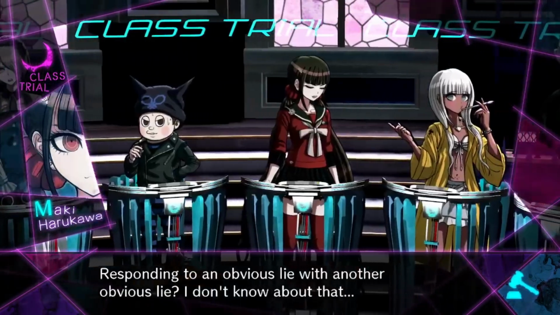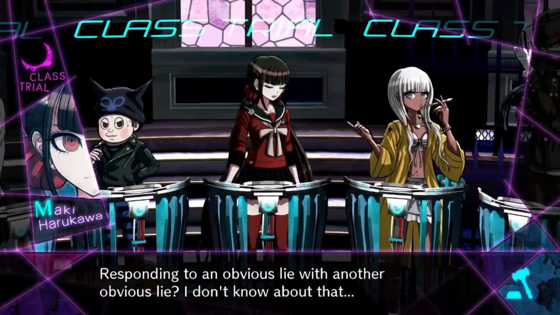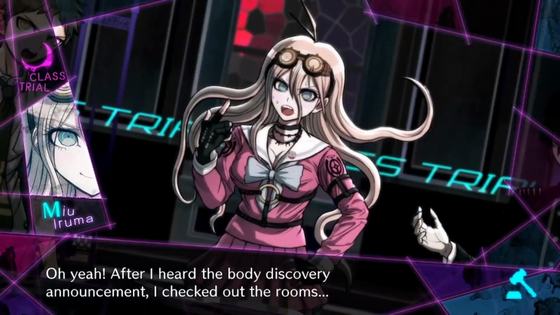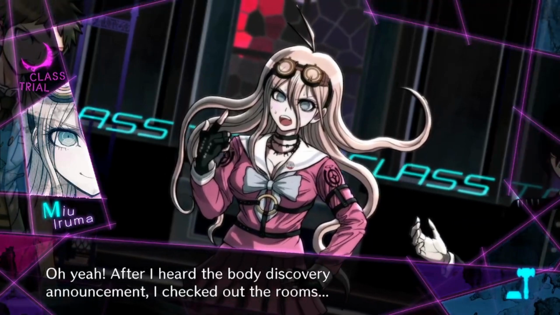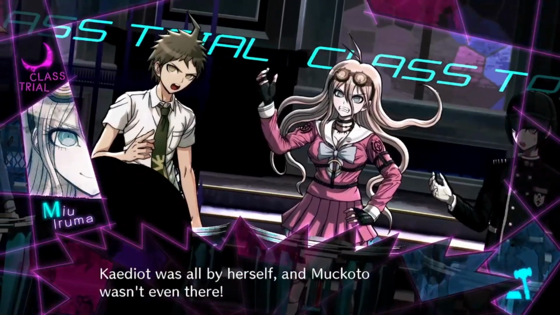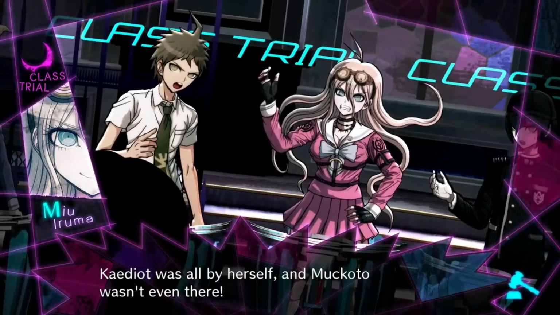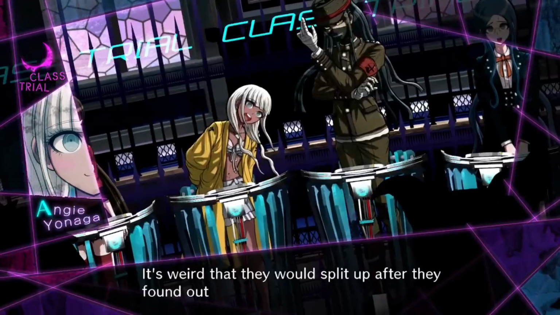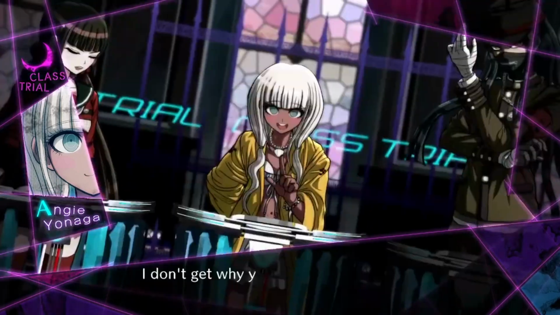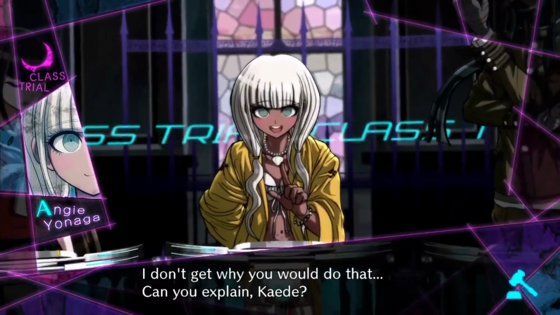Responding to an obvious lie with another obvious lie? I don't know about that. Oh yeah! After I heard the body discovery announcement, I checked out the rooms. Kaede was all by herself, and Makoto wasn't even there! It's weird that they would split up after they found out a body had been discovered. I don't get why you would do that.